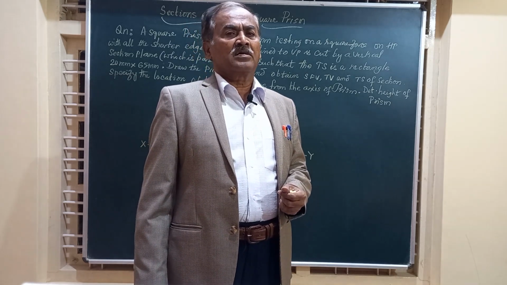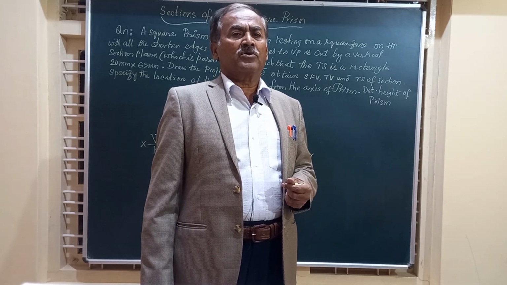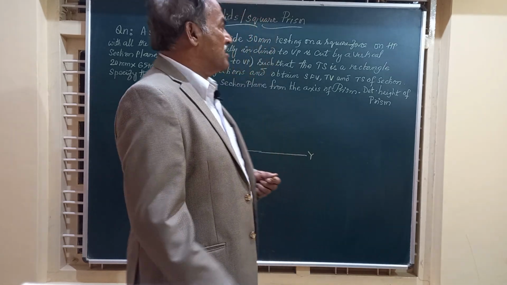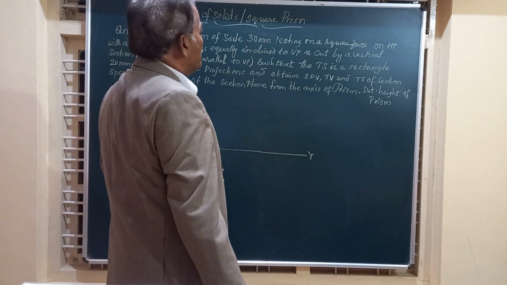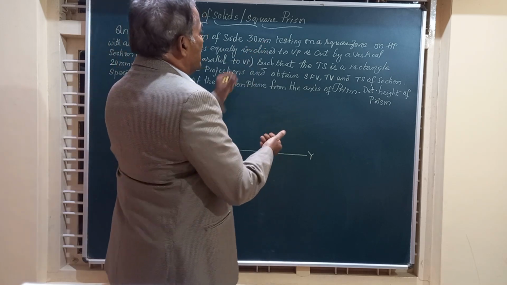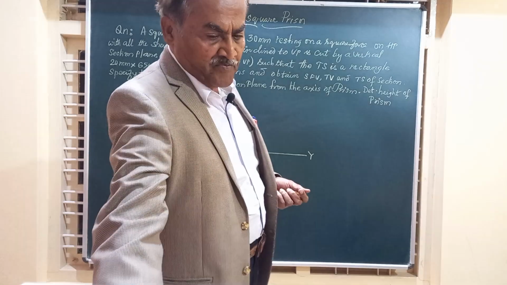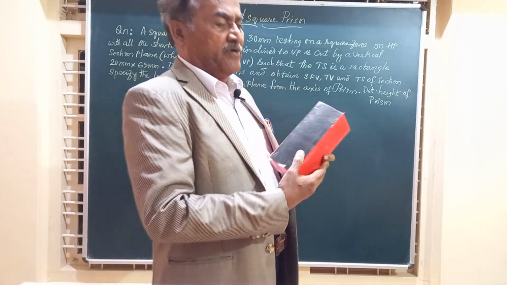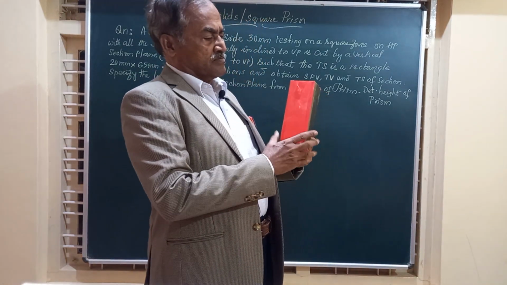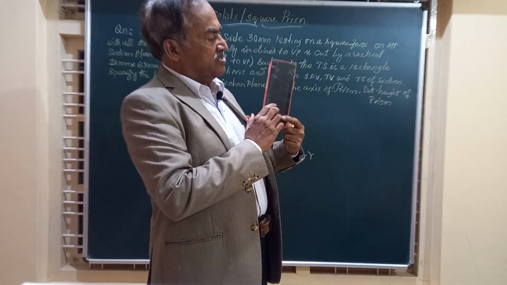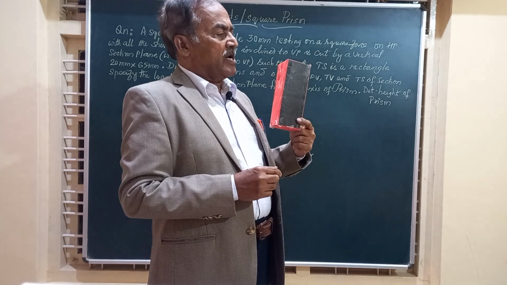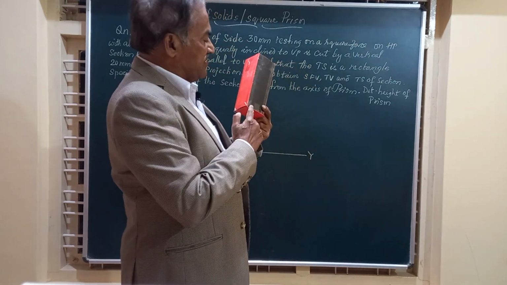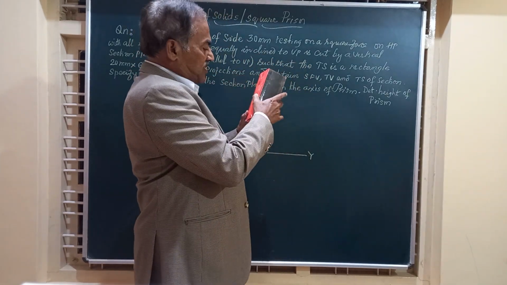And friends, for today's video, we have the question running like this. A square prism of side 30 mm resting on a square face on HP. So the question is on a square prism which has got a square base and a square top, and they have specified the size as 30 millimeter.